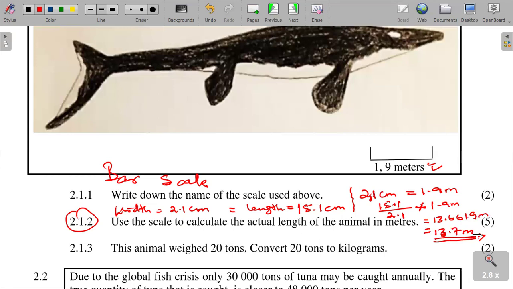So your answer is 13.7 meters. So we can go to the next question.